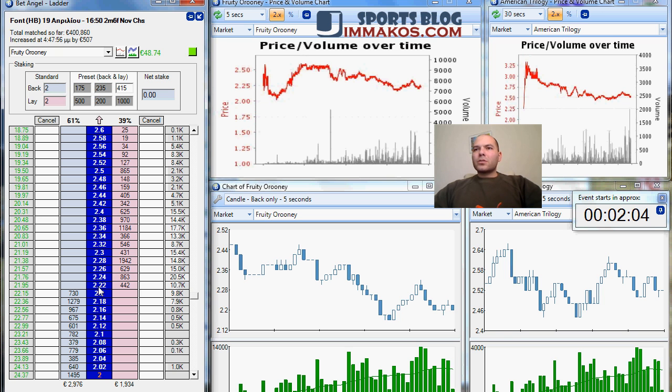Here the first horse has failed to reach out for the support level, so I will probably look for an entry point for a lay bet as the failed bottom formation gives me reason to believe that the downtrend has ended.